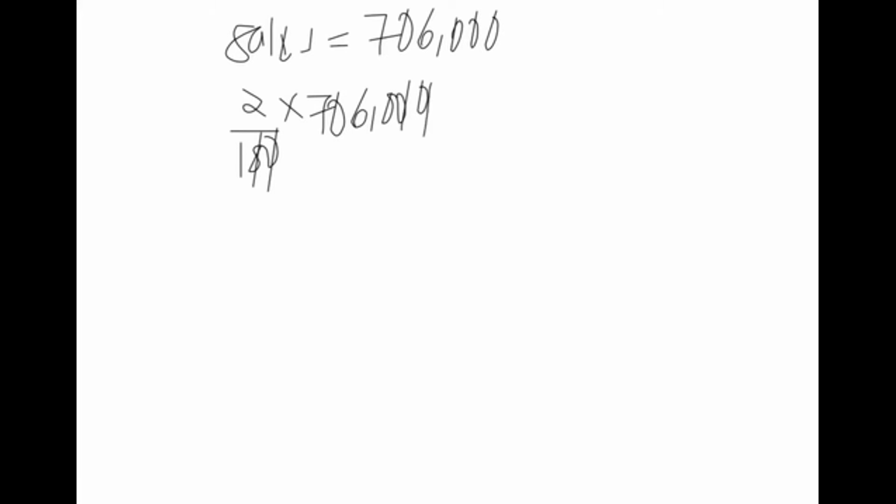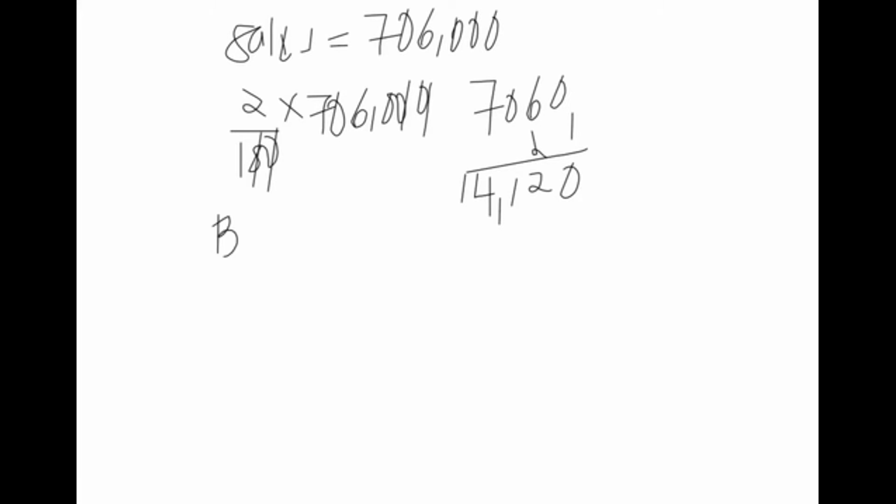We remain with 7,060 times 2. So this is 12, carry 1, 1. 0 plus 1 is 1, 2 times 7 is 14. So it's 14,120. That is the commissions.